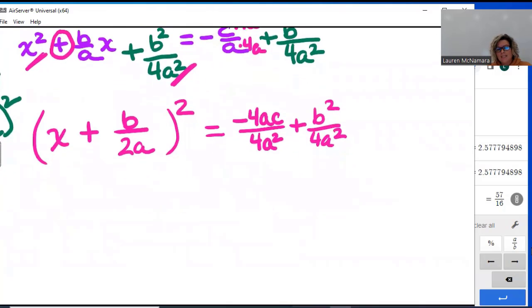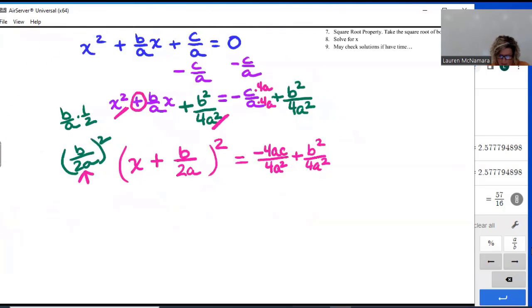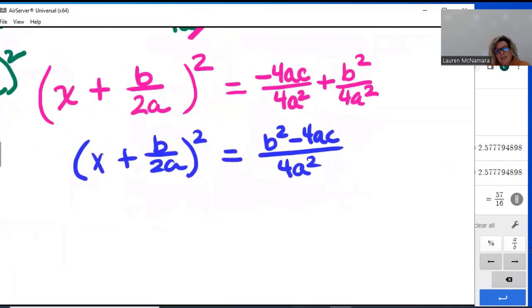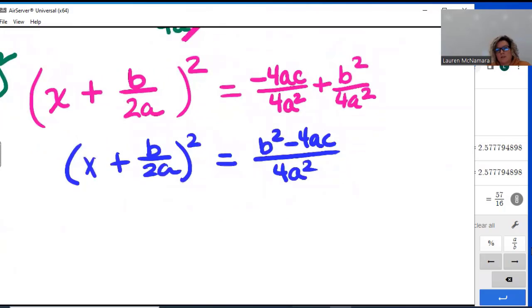Now, usually we see it written differently. I still didn't simplify that over there yet. So I'm going to leave this now as x plus b divided by 2a, squared, equals b squared minus 4ac all divided by 4a squared. Do you see what I did there? I just moved that b squared to the front.